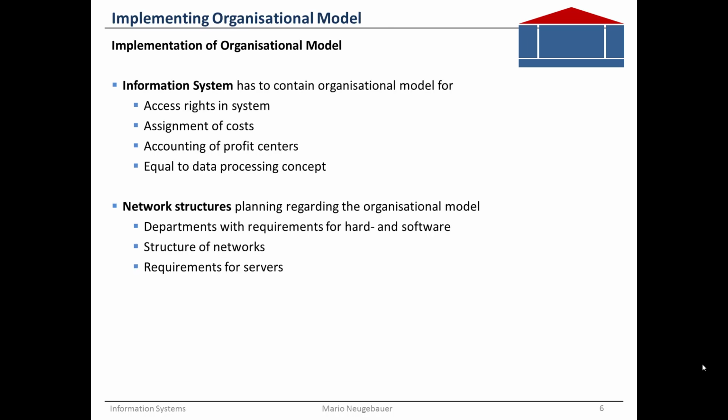And it's not only the type of organization, so the business part, which is depicted in the organizational model, it also has consequences for your information system. So one consequence is that you have, for example, access rights, which are somehow connected to your functions.